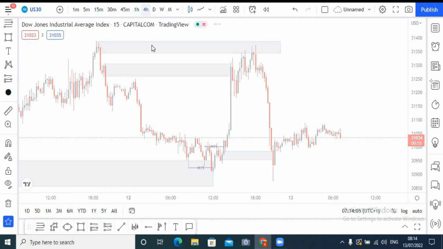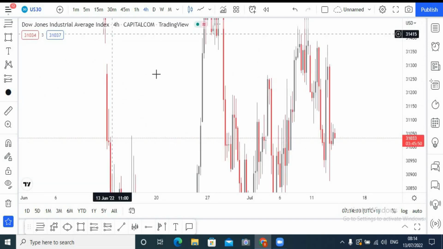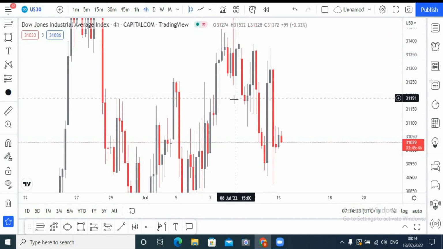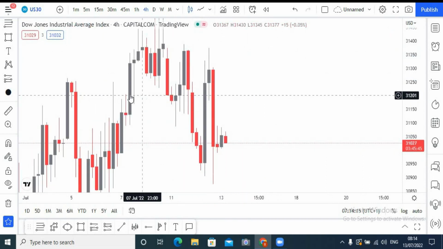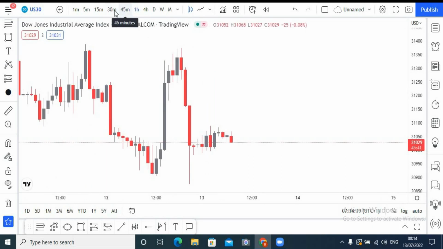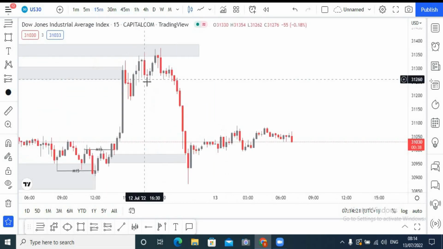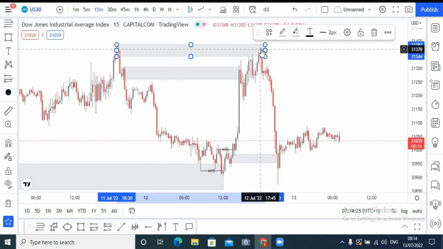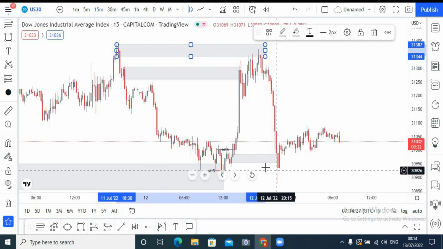And in the H4 time frame, I think we did have an imbalance level. Let us see. No, we didn't have. Yeah. So the price just came back. Sorry about that. The price came back to that zone, mitigated it, and then it goes down.